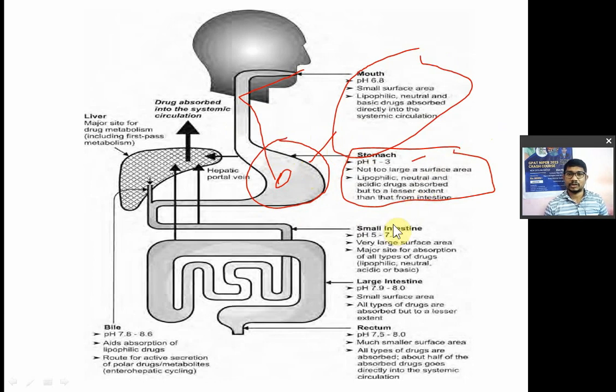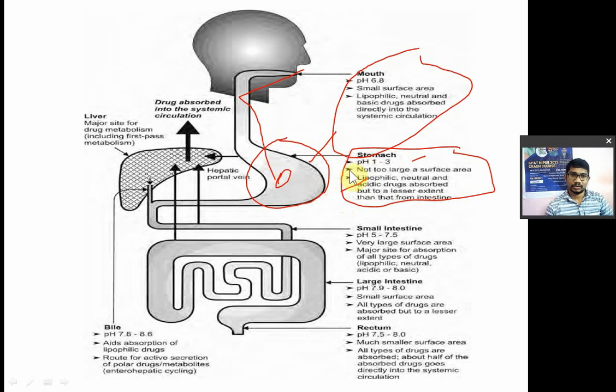Only lipophilic, neutral and acidic drugs are absorbed from the stomach. Why will acidic drugs be absorbed? Because the stomach has an acidic pH, and drugs which are weak acids will remain unionized in the stomach, and so they are absorbed.